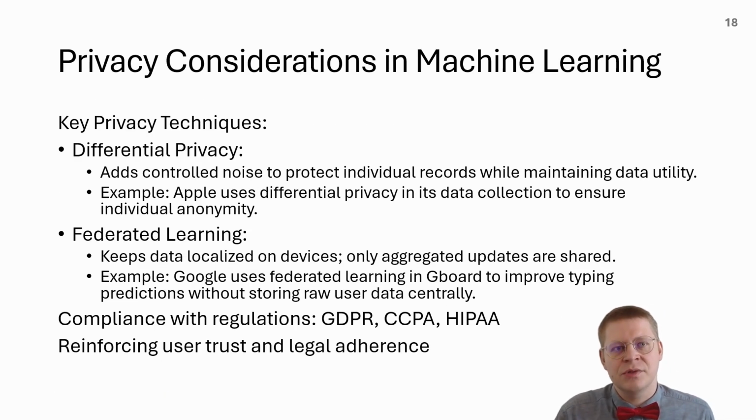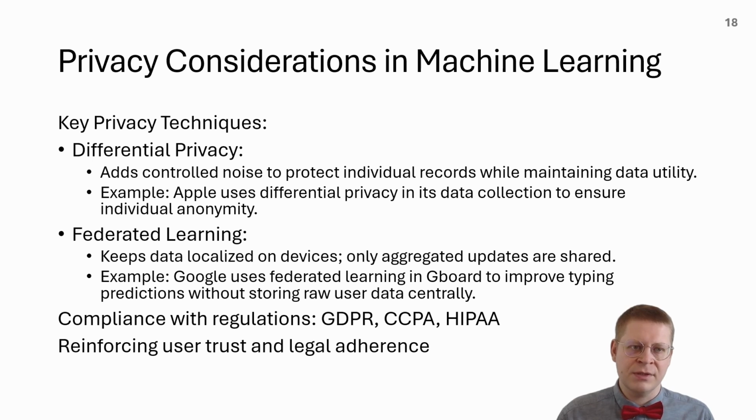Privacy is not just a technical challenge. When we collect and process user data, we must ensure it is done responsibly and securely. Privacy concerns directly affect user trust, which is crucial for maintaining a good relationship with stakeholders. And why does privacy matter?